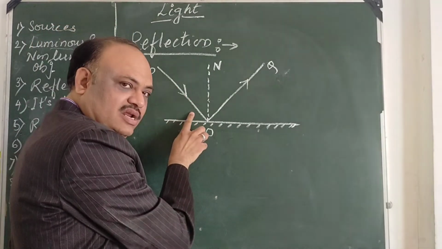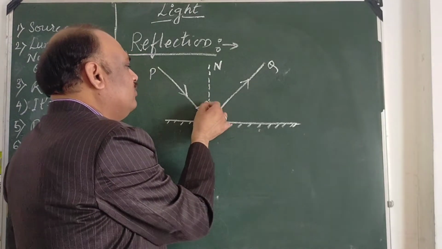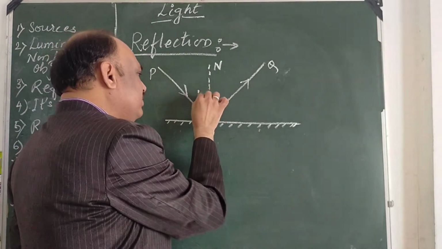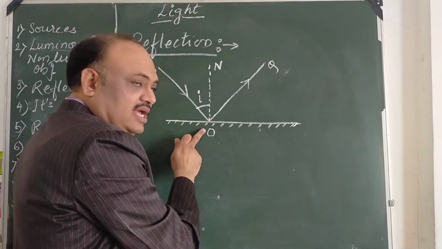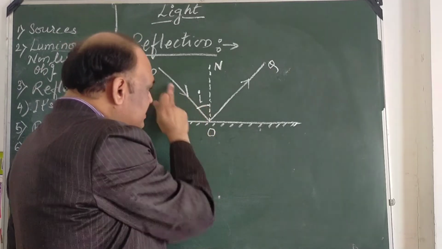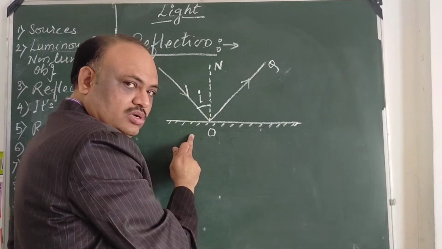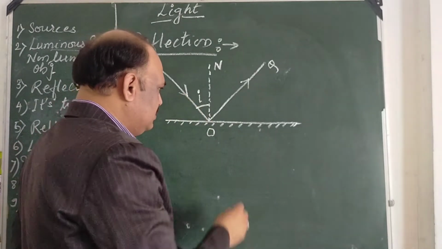The angle made by the incident ray with the normal is known as the angle of incidence. Very important term, angle of incidence. One is the incident ray and another is the angle of incidence. So the angle between the incident ray and the normal at the point of incidence is called the angle of incidence.